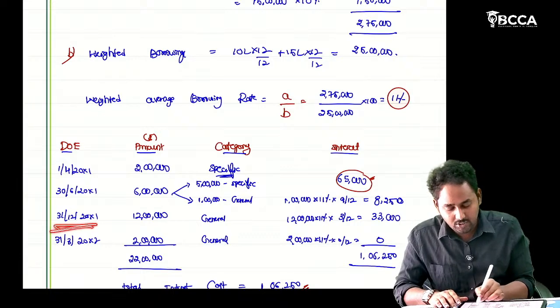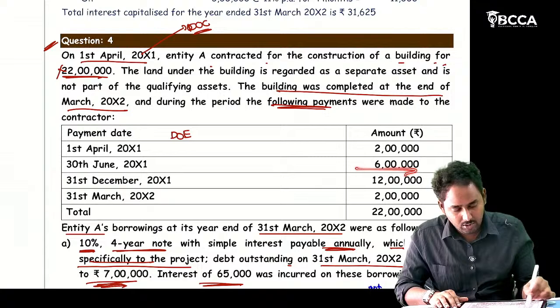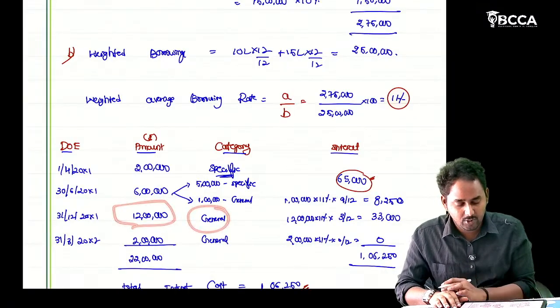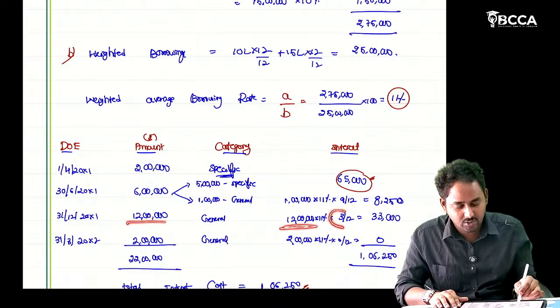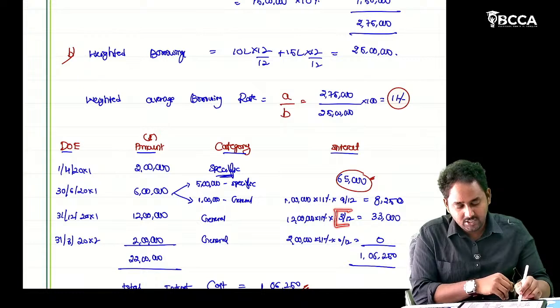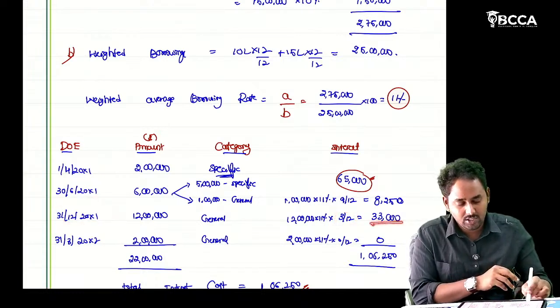Then coming to 31st December 2001, 12 lakh rupees. This 12 lakhs is incurred out of general borrowings. 12 lakh into 11% into 3 by 12. This period starts from the later of the dates, which is 31st December. So 33,000.